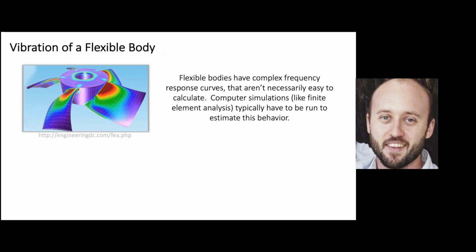And if you look at this image, what you could see is we're essentially creating a mesh, and we're breaking up this complex structure into a series of small blocks. So that's the grid that you see. And each of these blocks is going to behave sort of like a miniature spring mass damper system. And obviously, the smaller we make these, the longer it's going to take to calculate, but the more accurate our results are going to be.